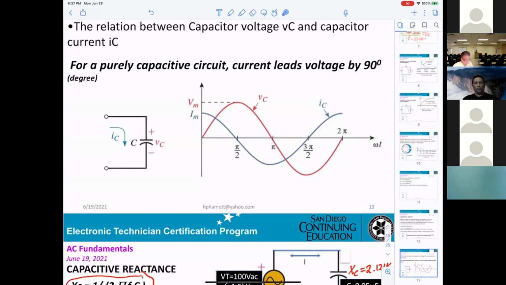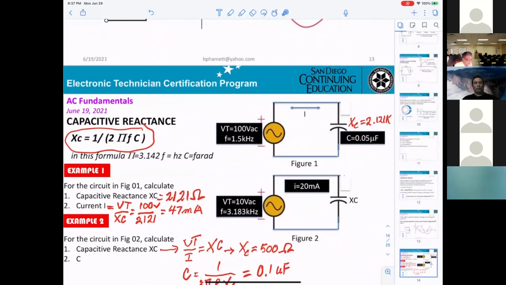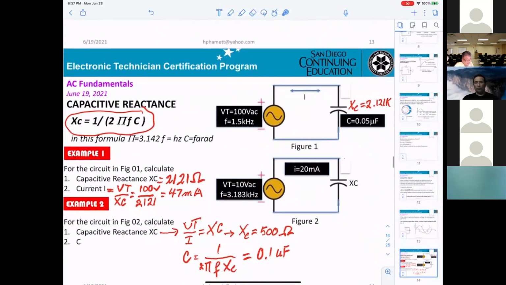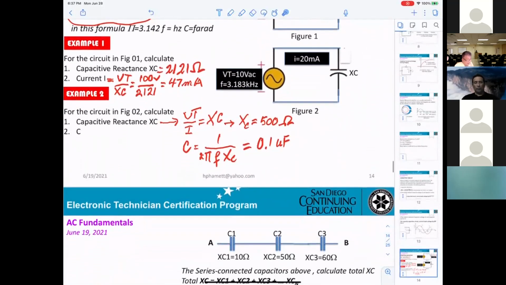That's very important, and you must know. In this one, we already went through it. They give you the circuitry and the value of the total voltage, frequency, and capacitor, and they want you to calculate IC. You're just looking back to see how we calculate the unknown value when they give you some.